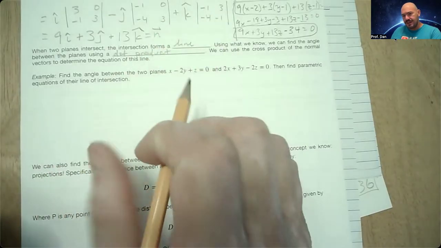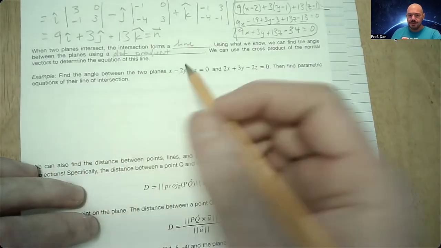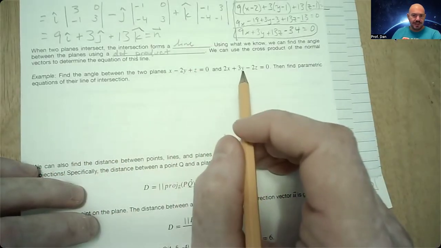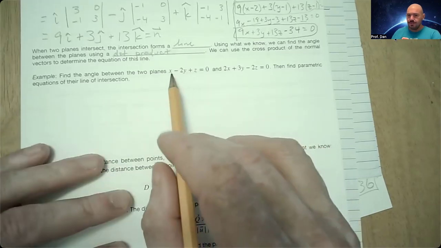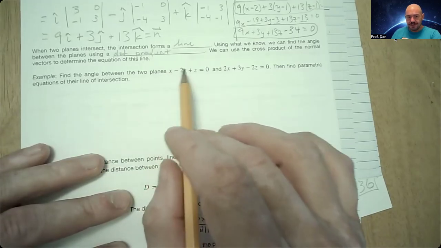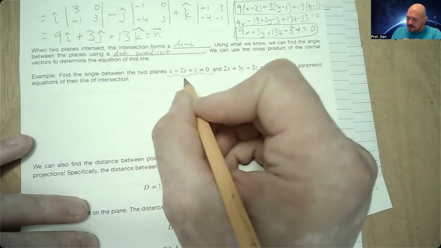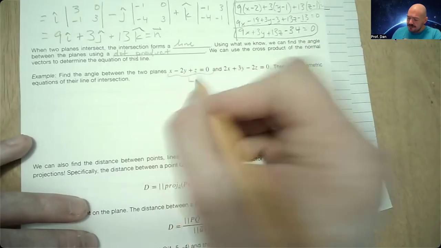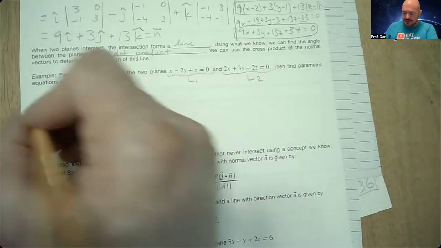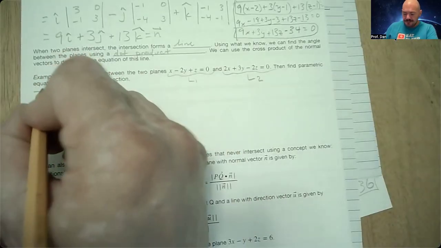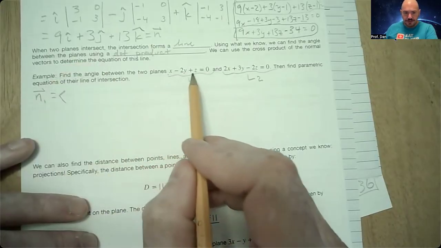Well, this is where that comment I made in the last video comes back. Knowing that this is the general form for a plane allows us to say, I know that the normal vector is just the coefficients for x, y, and z. So if I call this one plane 1 and this one plane 2, we know that the normal vector for plane 1 is given by 1, -2, 1.